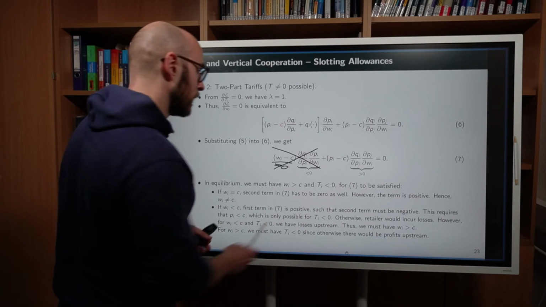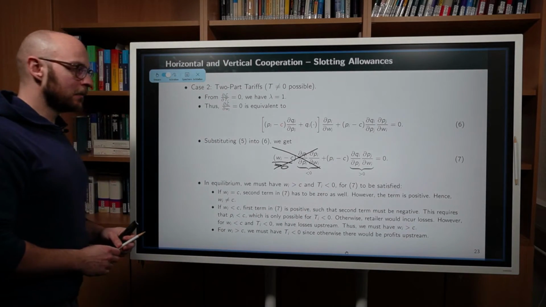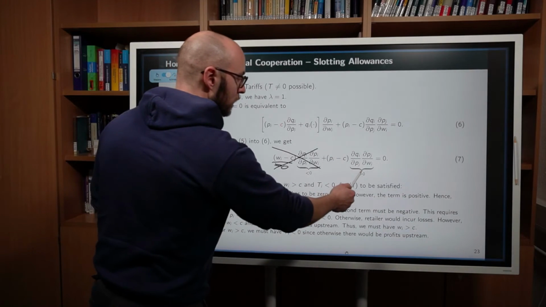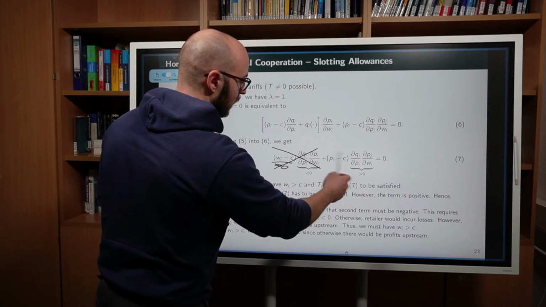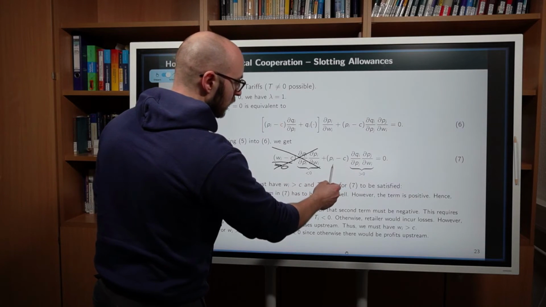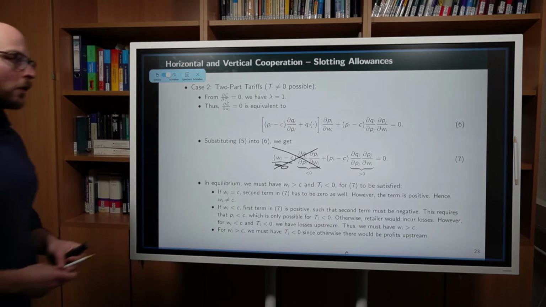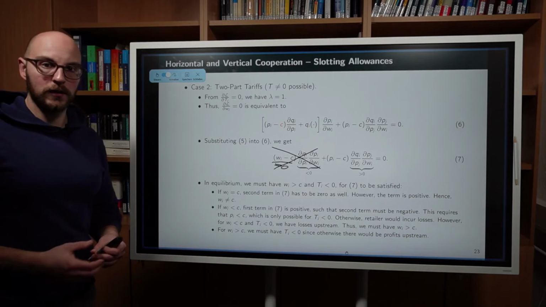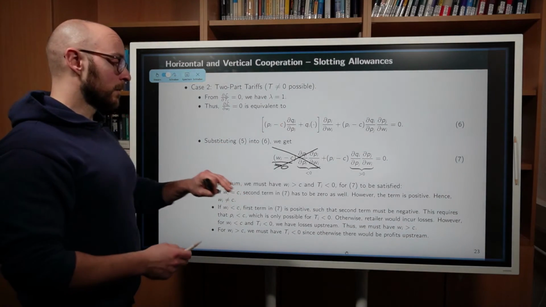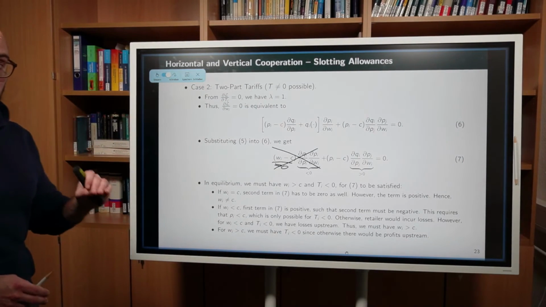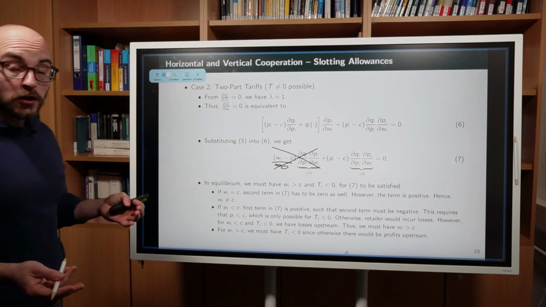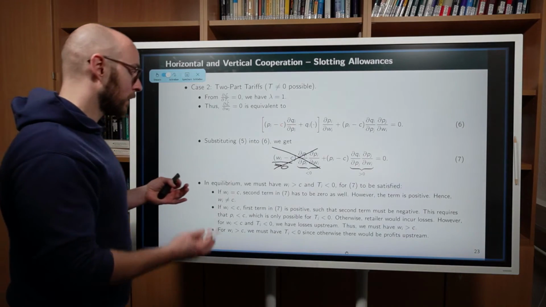However, as long as Pi exceeds C, this term will be positive after all, because this would only be 0 if this one here is 0, and this one would only be 0 if Pi is equal to C. That would mean that the retailer would sell at marginal production costs upstream. Well, why should it do so, right? So we haven't constrained that.